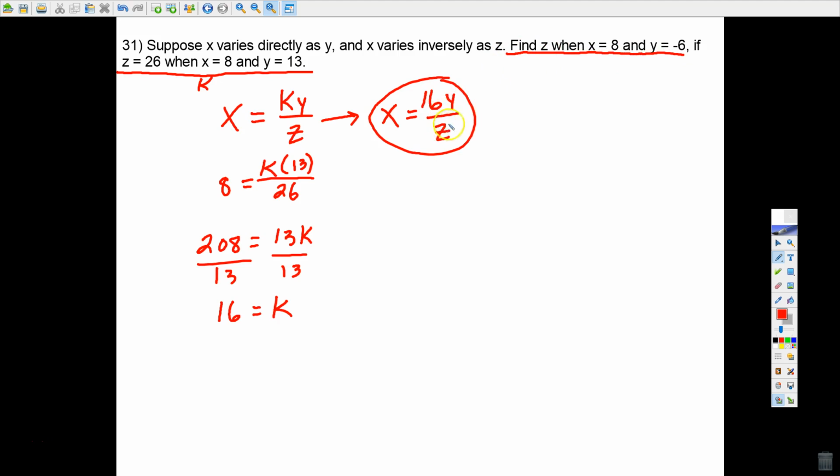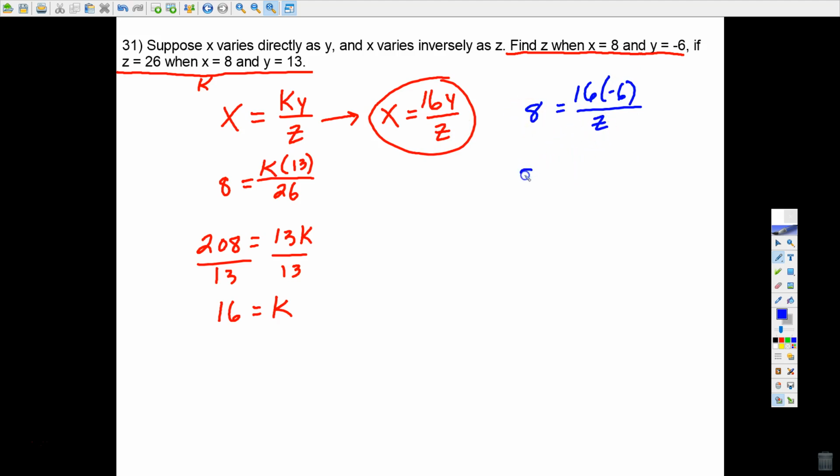What is z if we replace x with 8 and y with -6? Okay, so 8 is 16 times -6, and I'm trying to find out what z is.